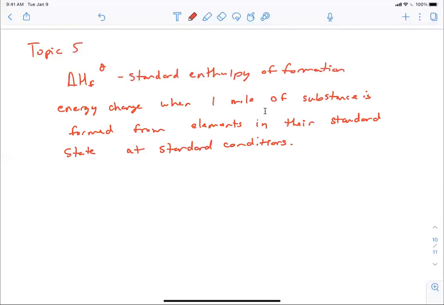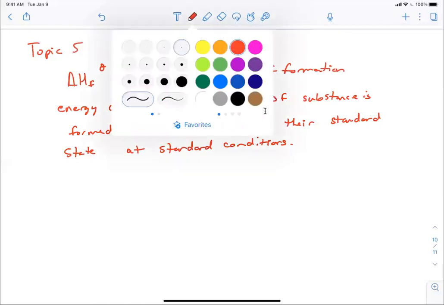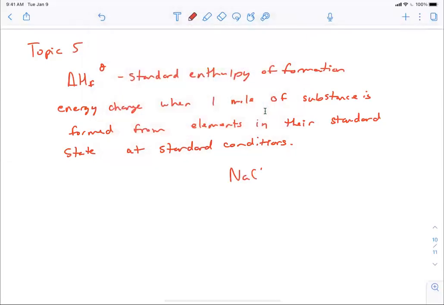So if you're looking at a reaction, for example, NaCl's formation, it would be Na solid plus 1/2 Cl2 gas.